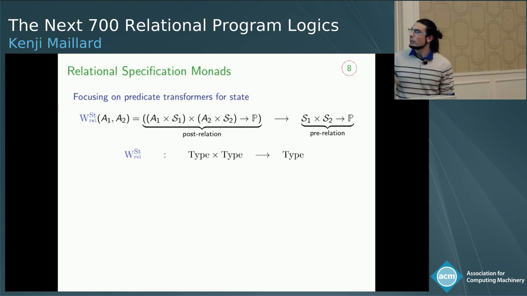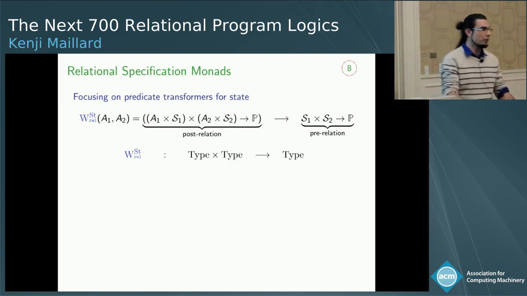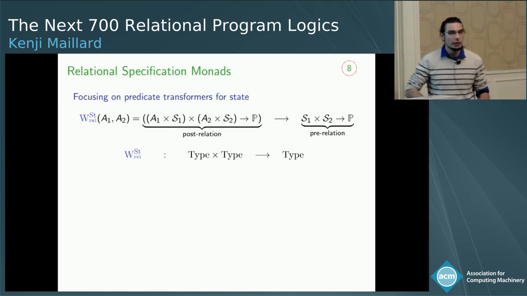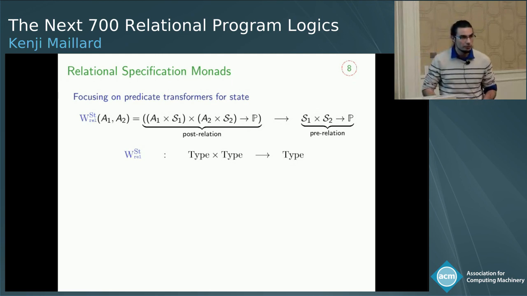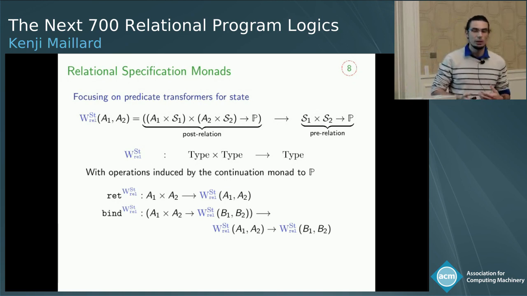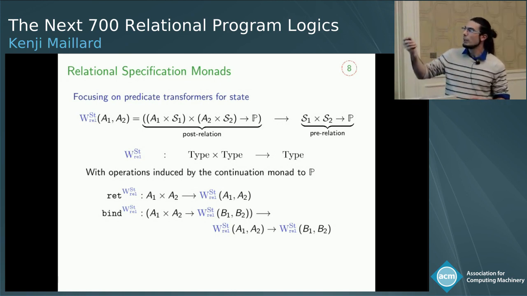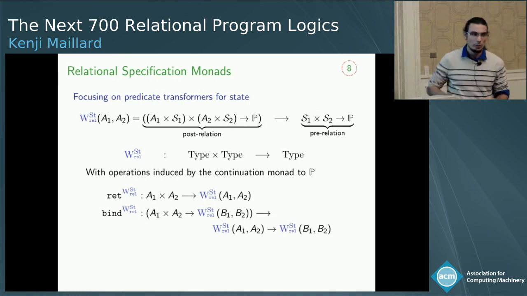And then you can see that this object of relational specification takes two types as input, the return value type for each of my programs, and returns a type of relational specification. Moreover, it comes equipped with operations, return and bind, inherited, in some sense, from the structure of the continuation monad to prop that we can recognize here.